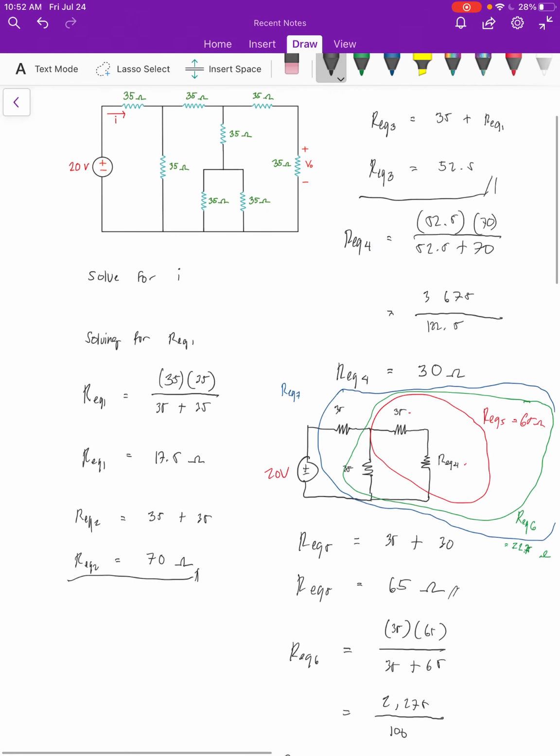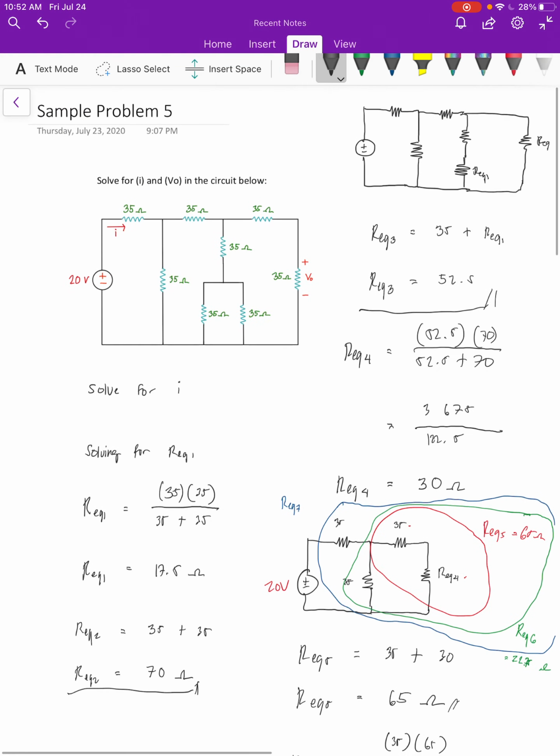Recalling from the original diagram, this is Req2. Once again, recalling that for series circuits our current is equal all throughout, we have already found that the current that flows here is current I subscript Req2.